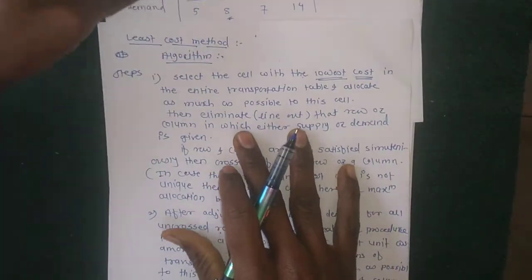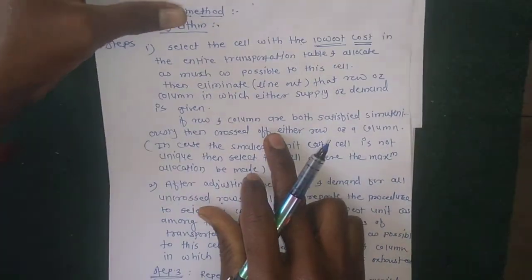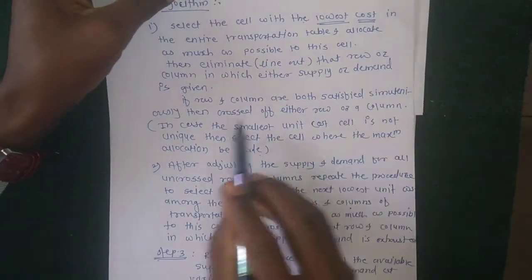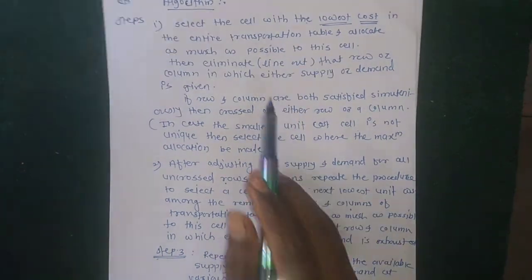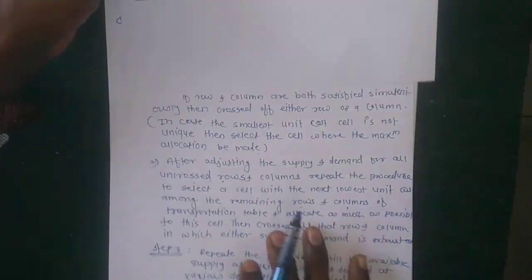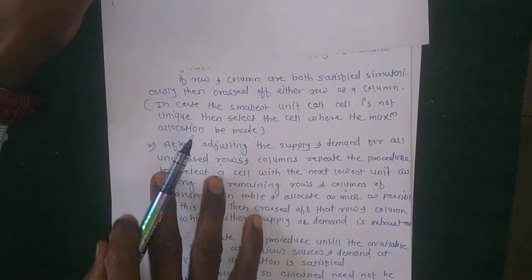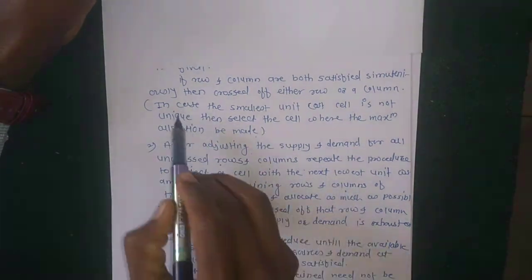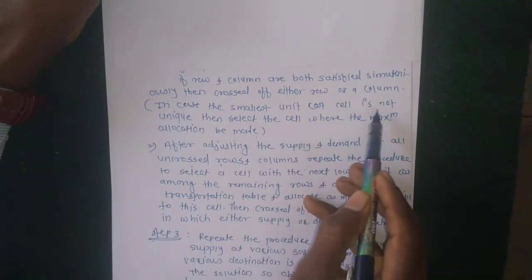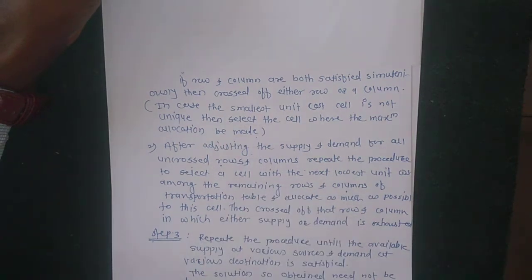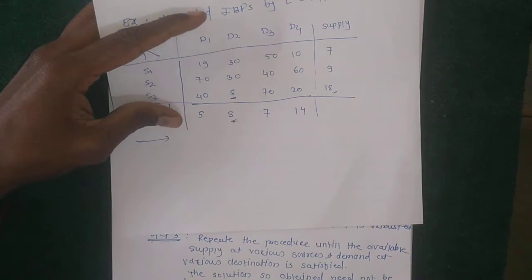If the row and column are both satisfied simultaneously, that is, if supply is equal to demand, a special condition applies. If the smallest unit cost cell is not unique, then select the cell where the maximum allocation can be made.